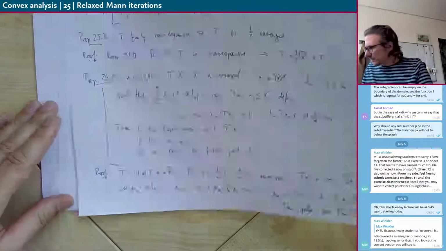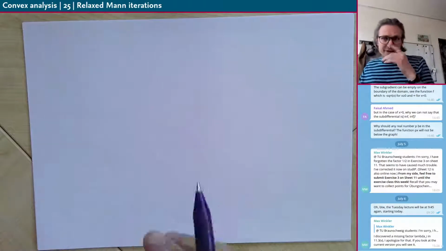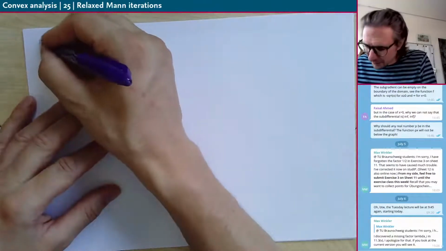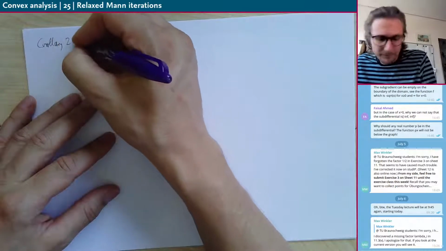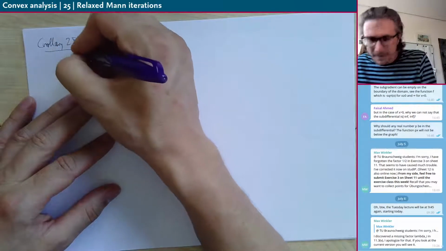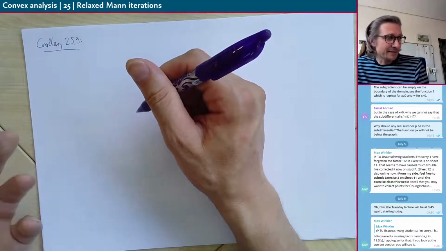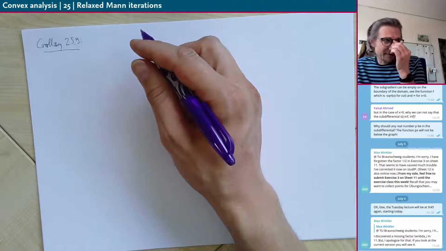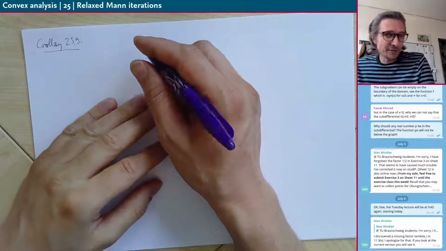And now, because we know that firmly non-expansive operators are 1/2 averaged, everything is now fine, and we have our nice corollary on the convergence of Mann iterations, relaxed or not relaxed, for firmly non-expansive operators.